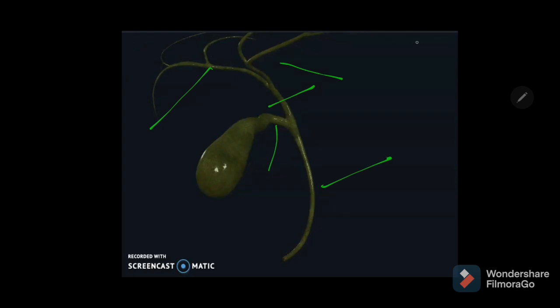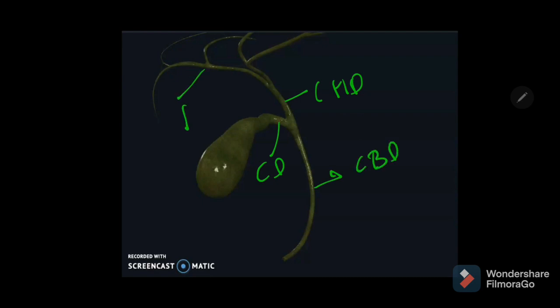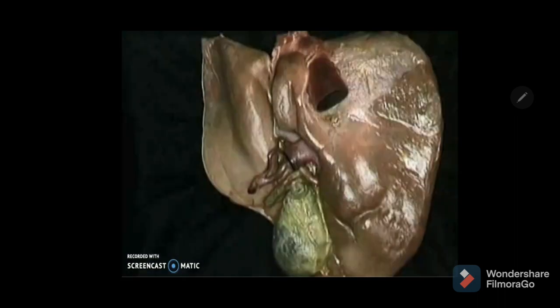So these are the different components. You can see common hepatic duct, cystic duct. This is the common bile duct, and here you can see the right hepatic duct and left hepatic duct. This is the gallbladder. So these are the different components of the extrahepatic biliary apparatus.